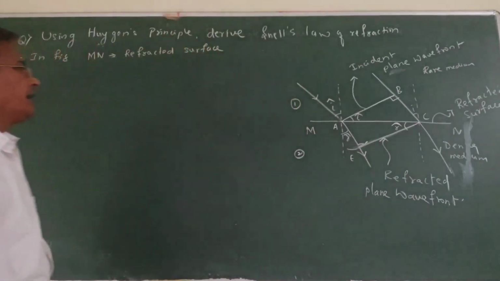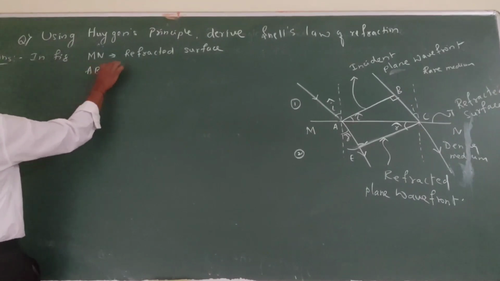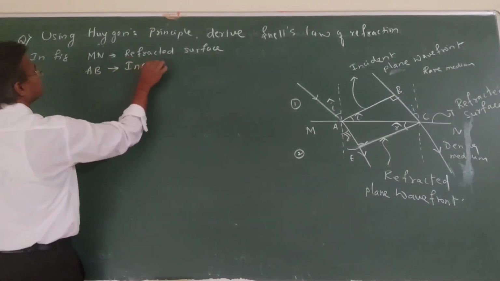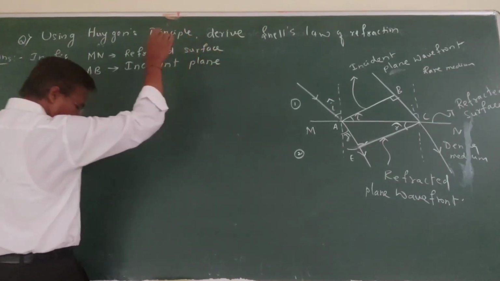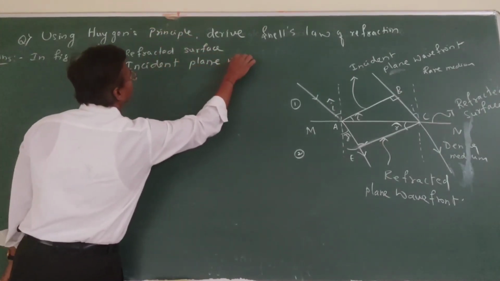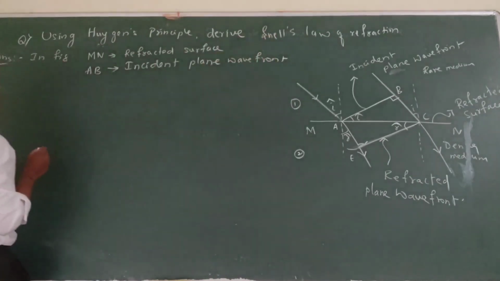So here AB is the incident plane wavefront. Incident plane wavefront AB.